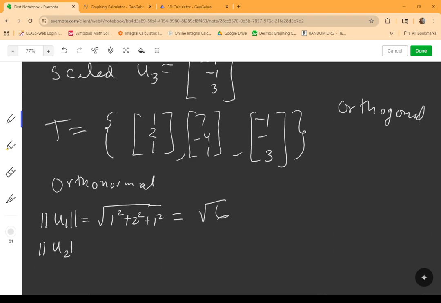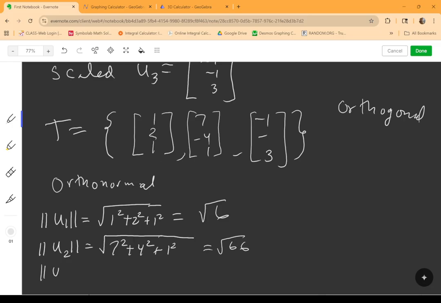Norm of u2, square root of 7 squared plus 4 squared plus 1 squared. So that's 49 plus 16 plus 1, which is 66.